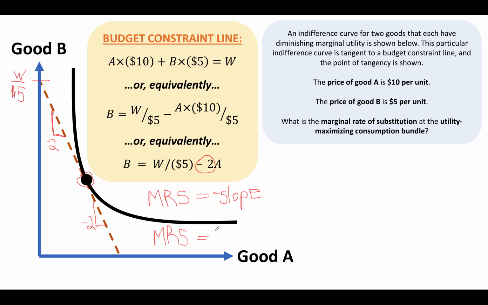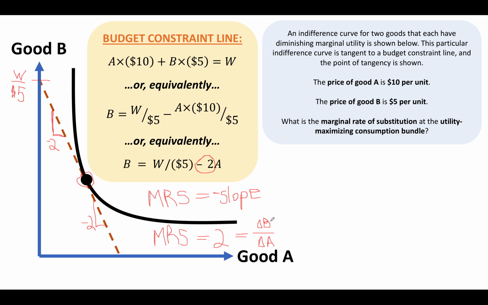So we have to think about, what does this MRS equal to 2 mean? All right, well, if I remember what my definition of MRS was, it was kind of like my delta B over delta A. And so this MRS of 2 means that if you give me 1 unit of A, I will give you 2 units of B and be just as happy.